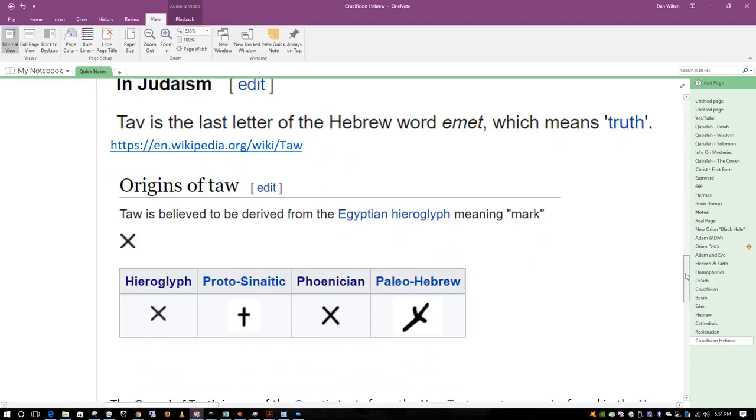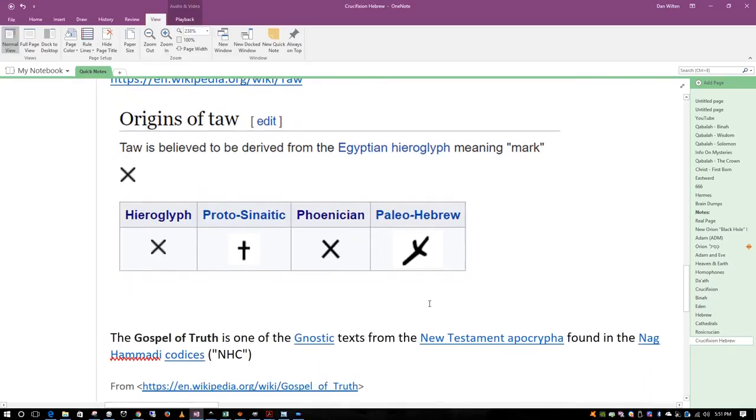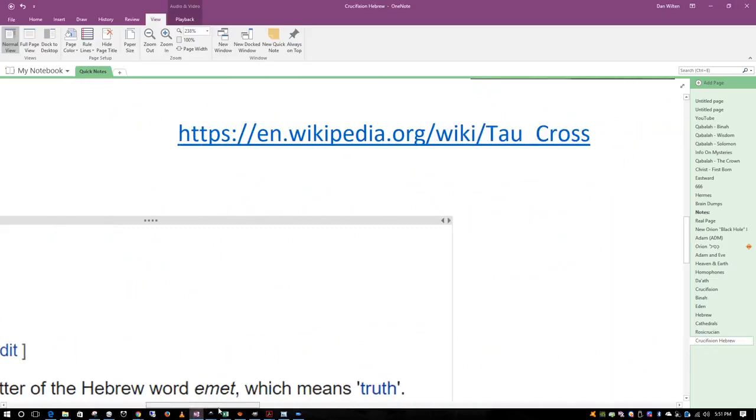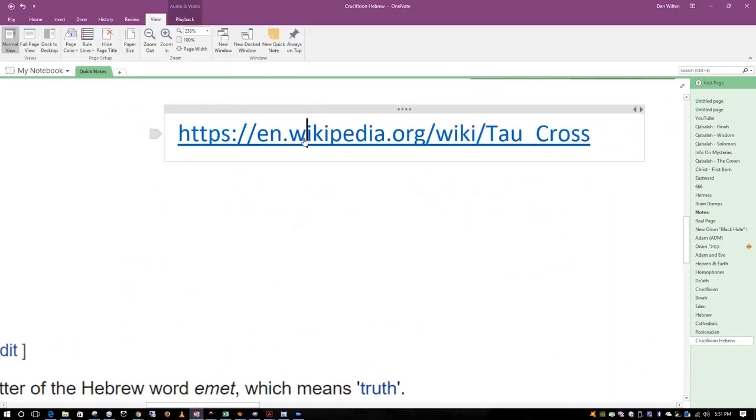If you take a look at the various pictographs for this, you have the X here. You have something that looks like the Christian cross. This is from the Egyptian hieroglyph. This is from, I guess, Roman times. This is what you see in the Phoenician. And then there's also one other version of that, and that is called the Tau.